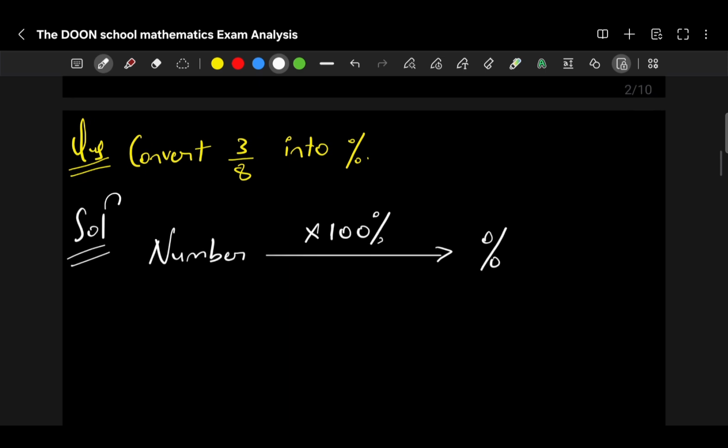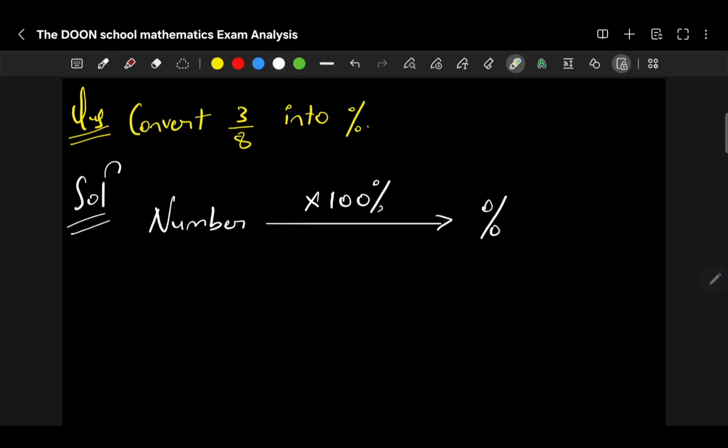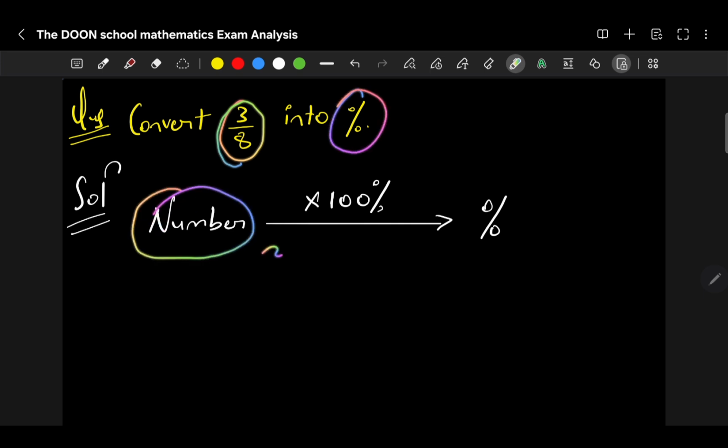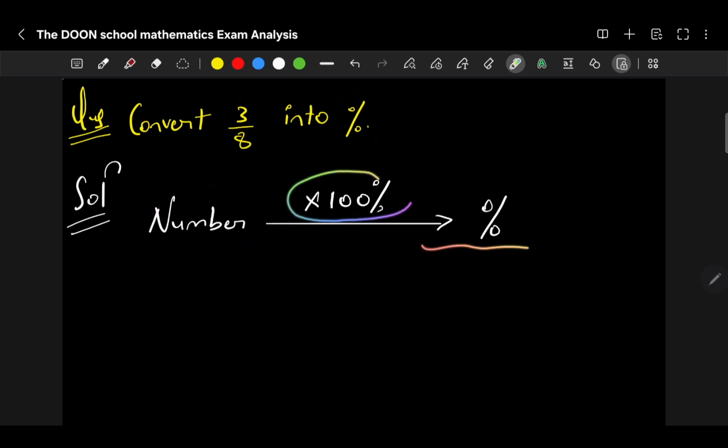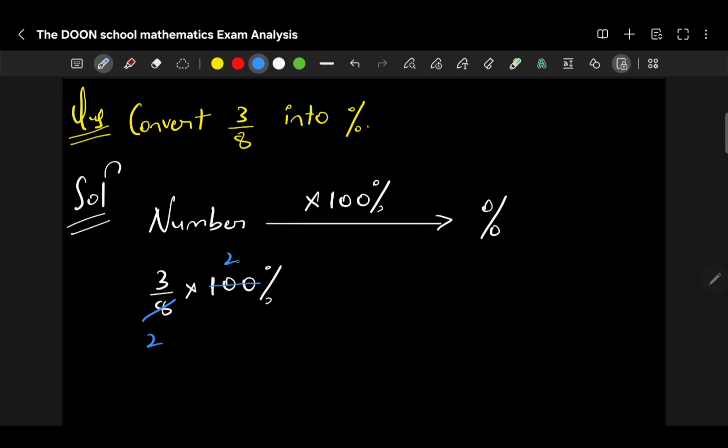Now the next question was to convert the fraction 3 by 8 into a percentage. If you have to convert any number into a percentage, you just multiply that number by 100 percent. So 3 by 8 will be multiplied by 100 percent. We can simplify both numbers by 4 and 25. Then multiply the numerators.